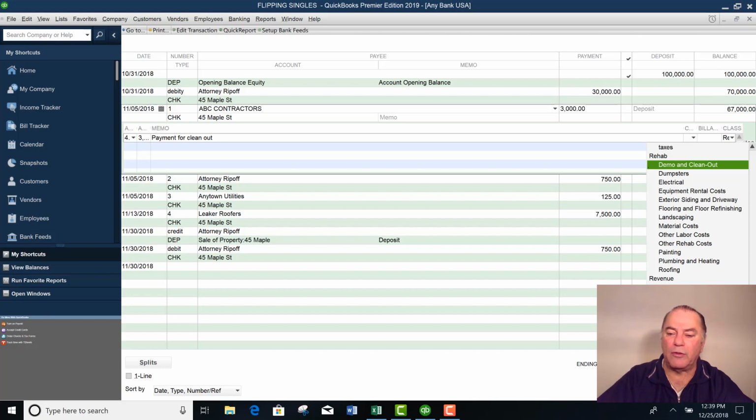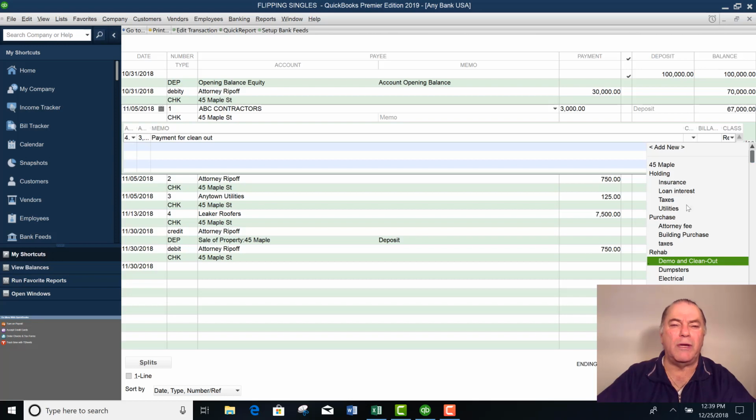This subcontractor cost was already on my list of classes because the type of account that I picked when I set this up was a contractor account. Okay, so there were already some cost of goods sold accounts and some things like that set up.